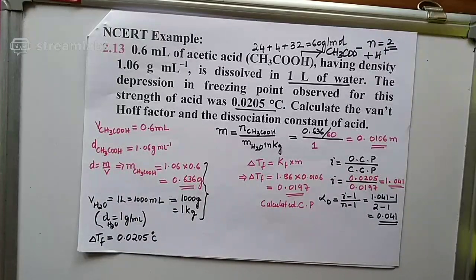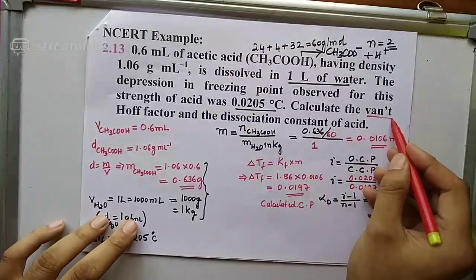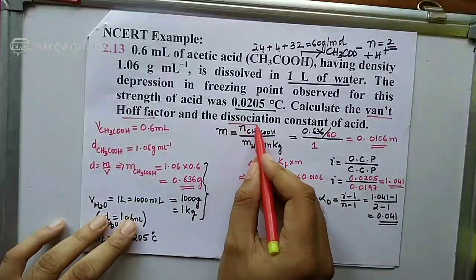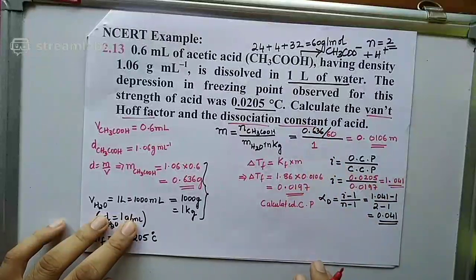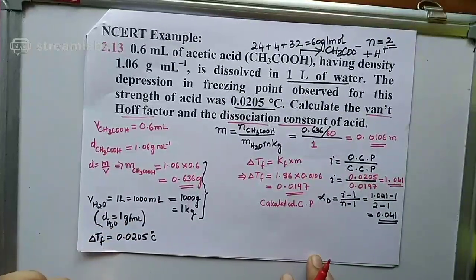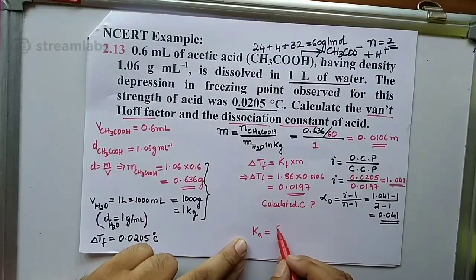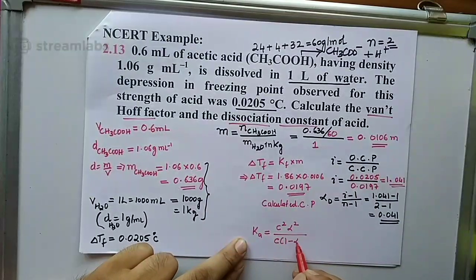Van't Hoff factor we have calculated. They have asked you to calculate the Van't Hoff factor, which we have already done, and they are asking you the dissociation constant, that is Ka. In the equilibrium chapter, last year you studied that Ka is equal to C square alpha square divided by C into 1 minus alpha.